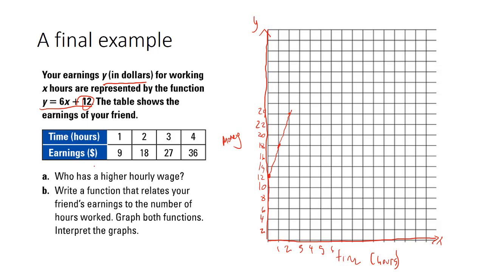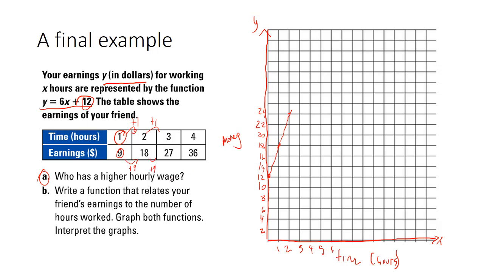Okay. And then question A, I guess I skipped to B, but it says question A, who has a higher hourly wage? Well, so this is the earnings of your friend. Let's see. When your friend works 1 hour, they get $9. When they work 2 hours, they get $18. So this went up by 9, this one up by 1. When they work 3 hours, so again up by 1, this one up also by 9.